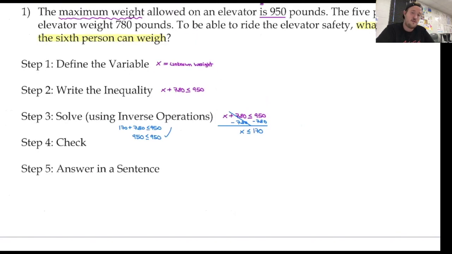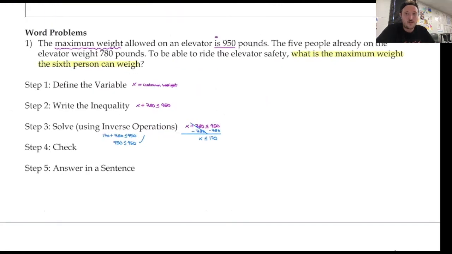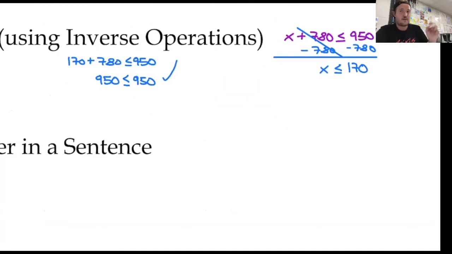So the next part is you have to answer it in a sentence. So here's the general rule of thumb for math. If I give you words, I want words back. So if I give you a word problem, I'm going to want my answer in a sentence, or in words. So you have to translate this back from math now to English.